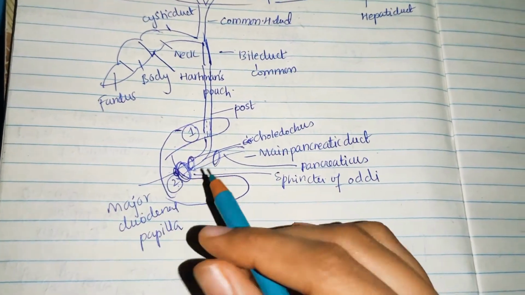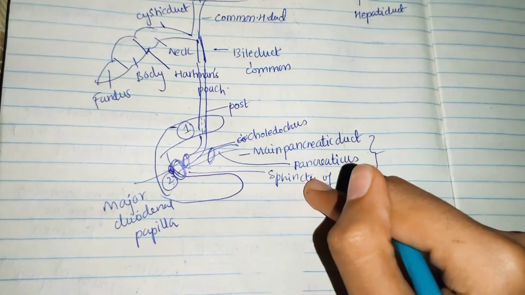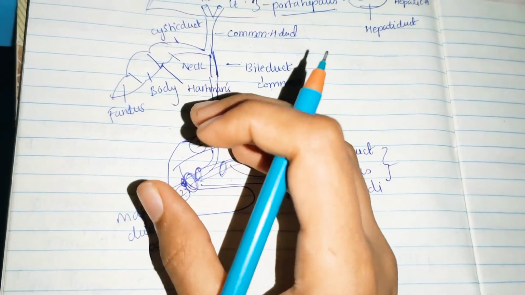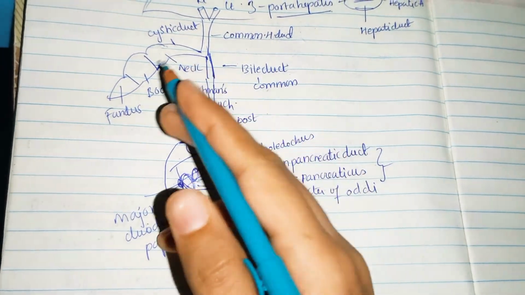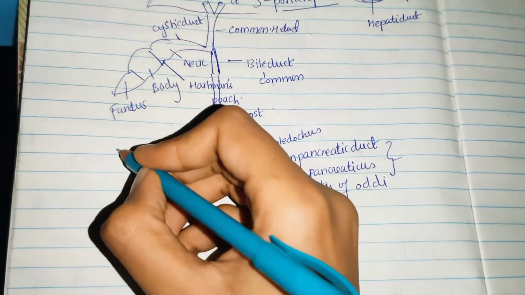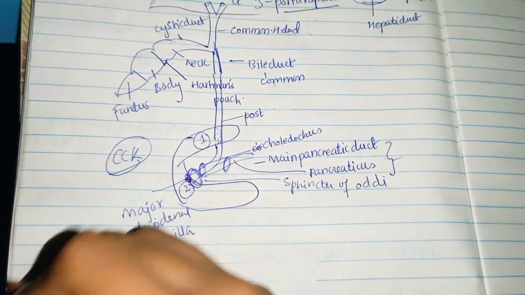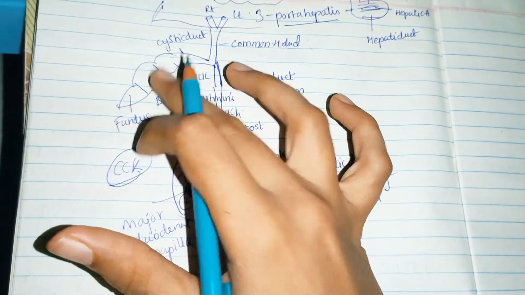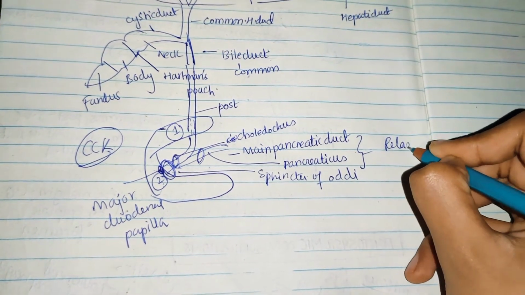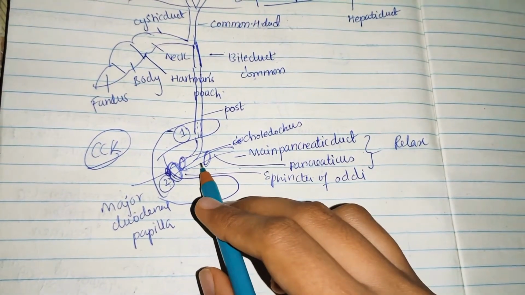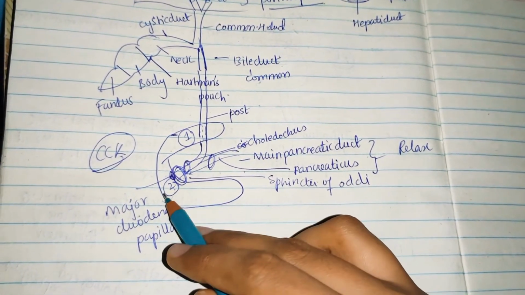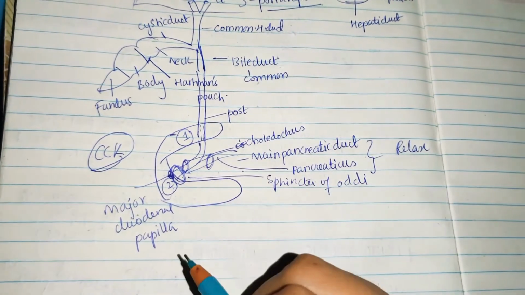Okay, so mainly whenever this sphincter of Oddi relaxes and the gallbladder contracts, only then will the juice from the gallbladder and the pancreas be released into the second part of the duodenum. By means of CCK, that is the cholecystokinin hormone, the gallbladder is activated and contracts, and it also relaxes the pancreatic sphincter and the sphincter of choledochus, so that the fluid will enter here and the digestion will go on.